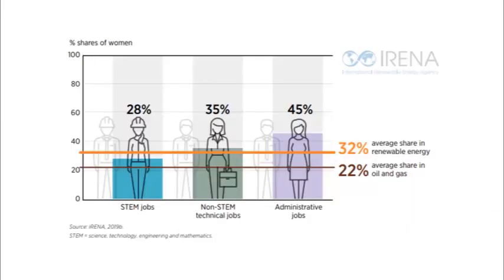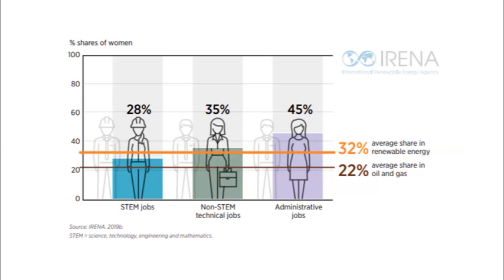Firstly, I want to mention women's position in the energy sector according to the International Renewable Energy Agency 2019 report. In the slide, you can see the percentage of 3 different areas.